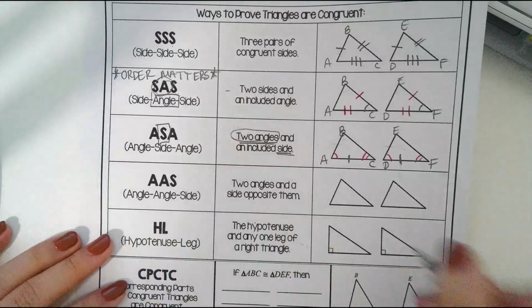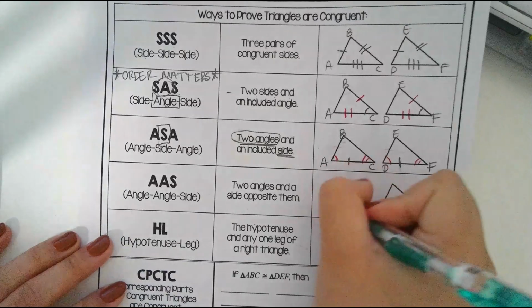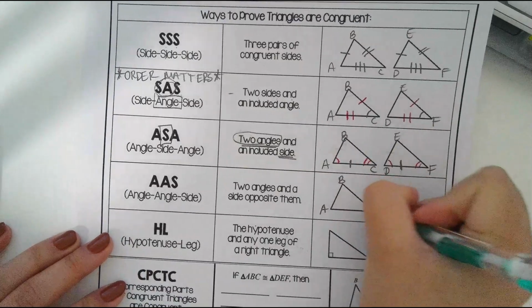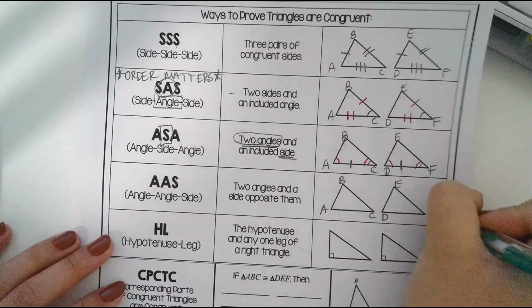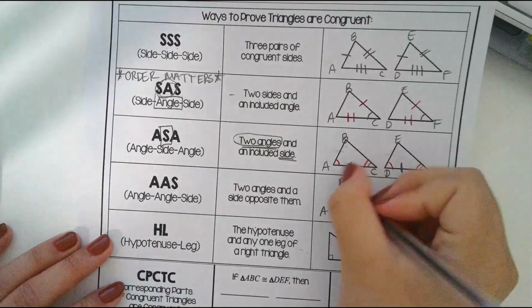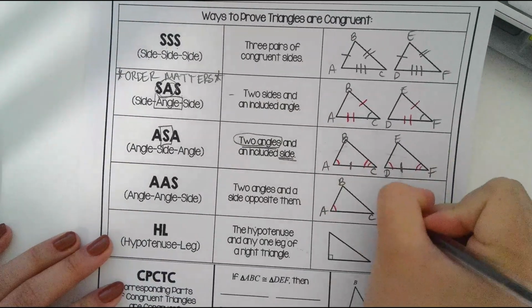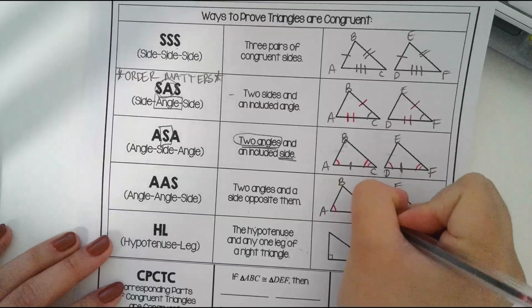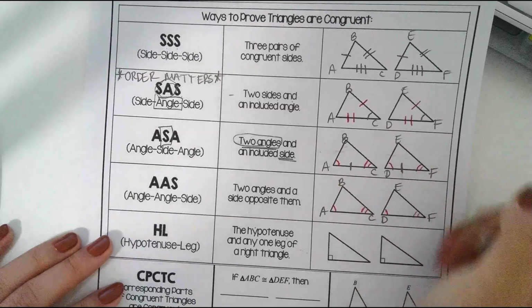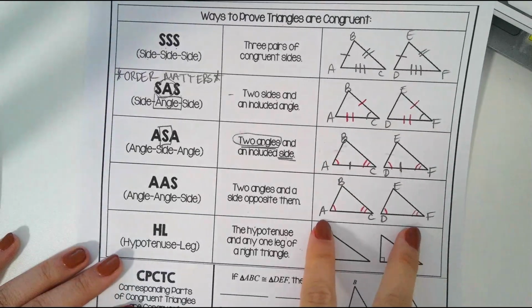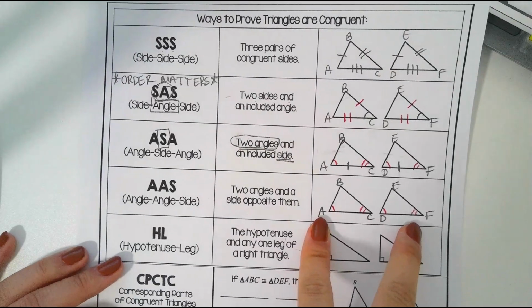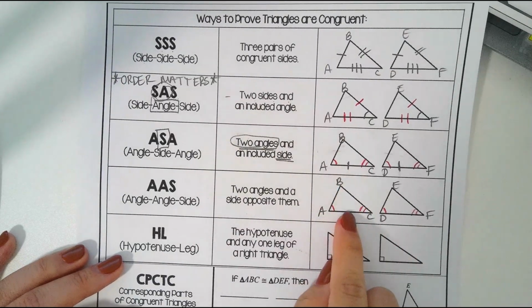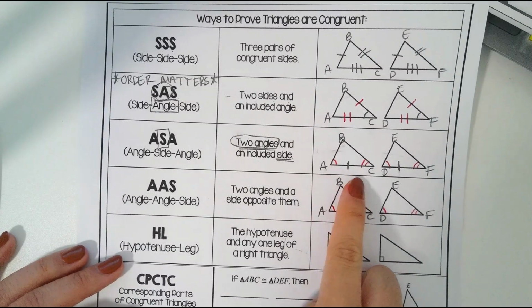Now we have AAS. So in here, we still need 2 congruent angles. I'm going to name these triangles like we have been doing. For the sake of the example, I'm going to say that angle A is still congruent to angle D, and angle C is congruent to angle F. For S, yes, we have 2 pairs of congruent angles, but the congruent side cannot be this one because that will be ASA.